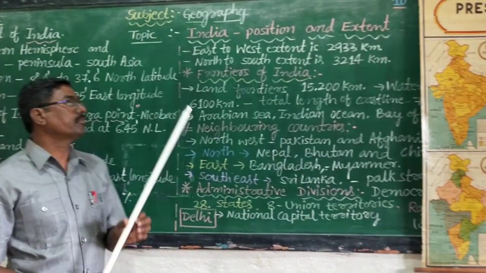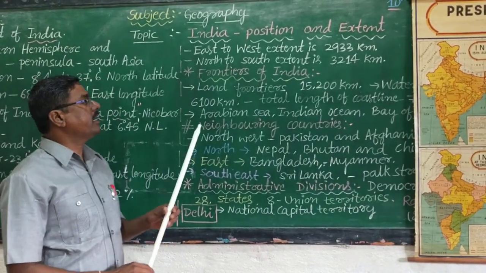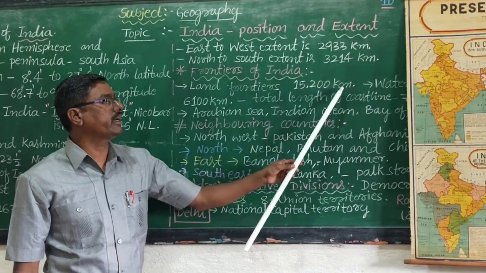Now let us understand frontiers of India. India has both land and water frontiers. The land frontiers of India is about 15,200 kilometers.